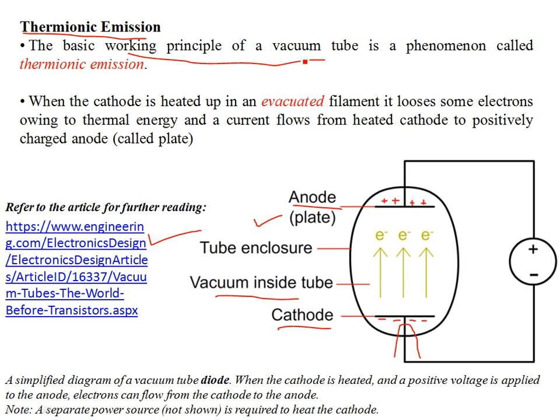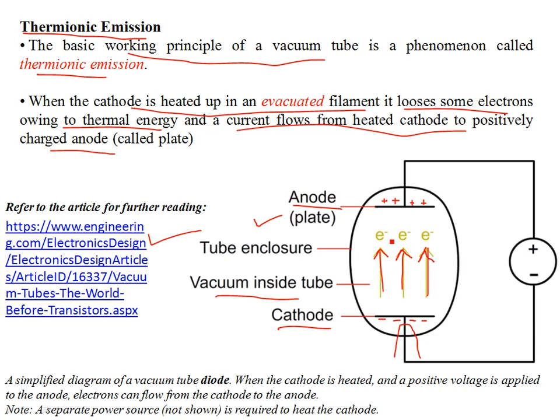Owing to this phenomenon of thermionic emission, when the cathode is heated up in an evacuated filament, it loses some electrons, and owing to this thermal energy, the current flows from the heated cathode to the positively charged anode. This constitutes the electric current, the flow of those knocked-out electrons from the heated cathode towards the anode in the vacuum.